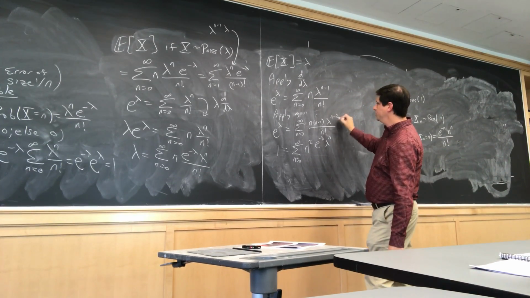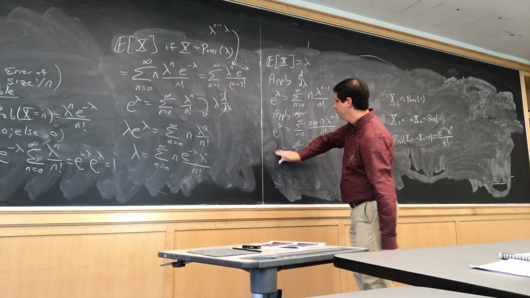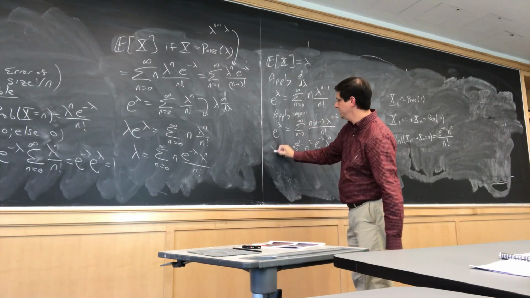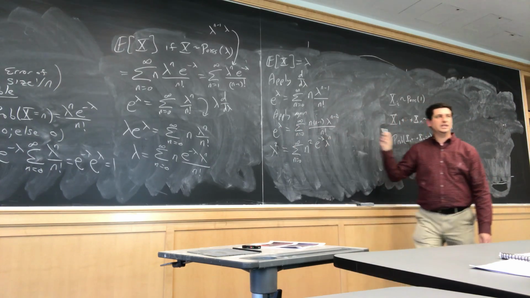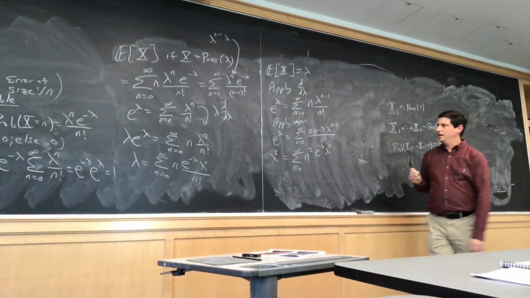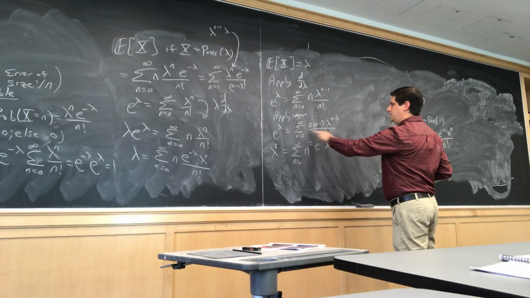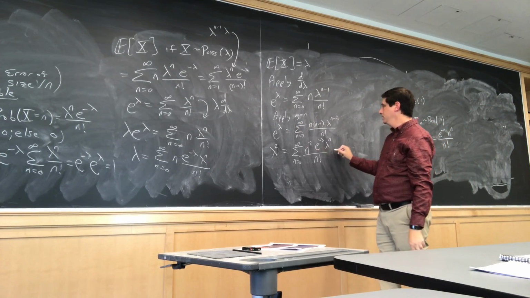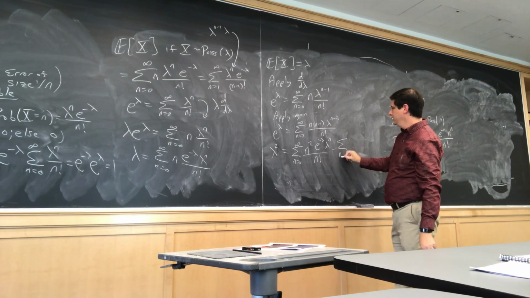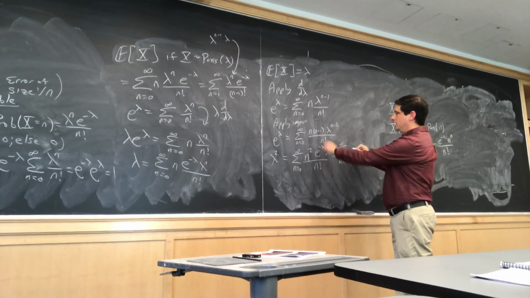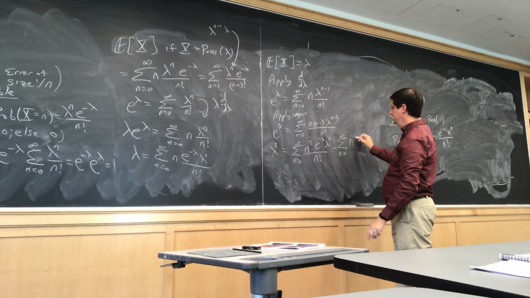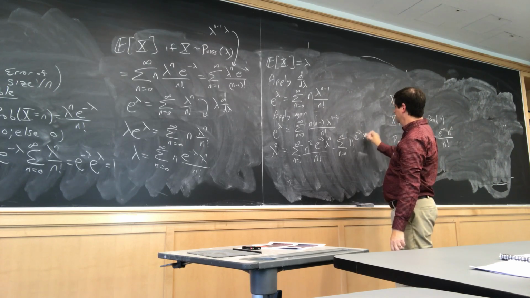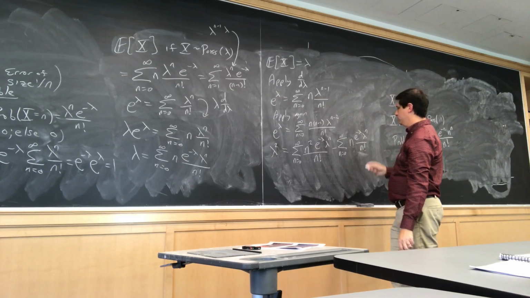Okay, we have an n minus 2. I'm going to bring the lambda to the minus 2 over to this side as a lambda squared. I'm going to bring the e to the lambda over to the other side. And we'll have an n squared e to the minus lambda to the n over n factorial minus a sum as n goes from 0 to infinity of just now it's going to be n e to the minus lambda to the n over n factorial.